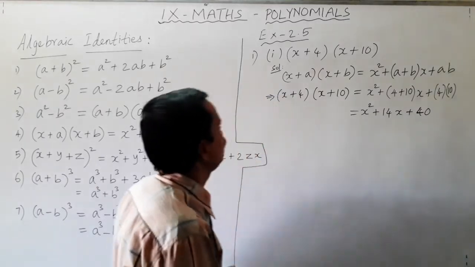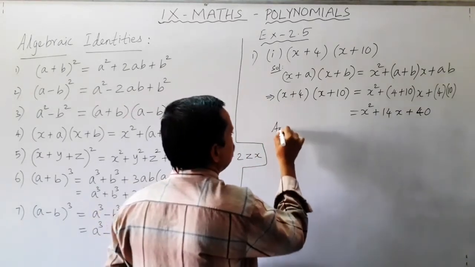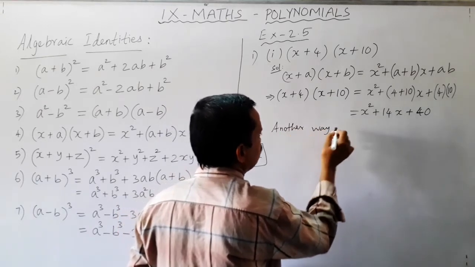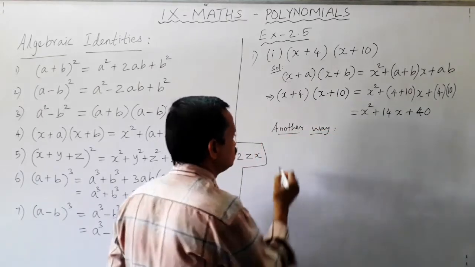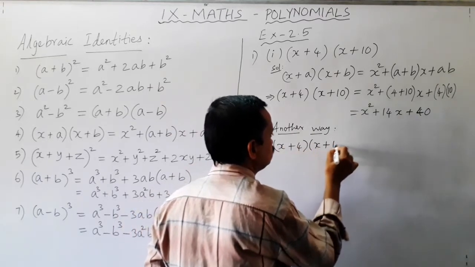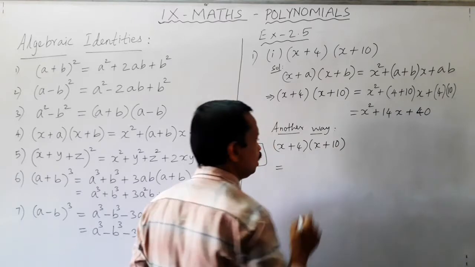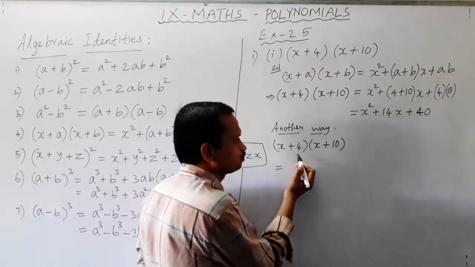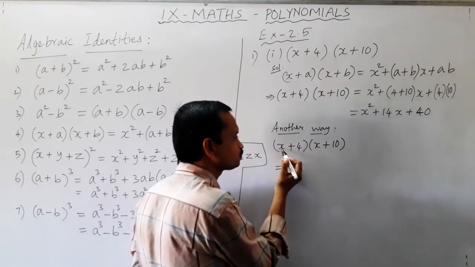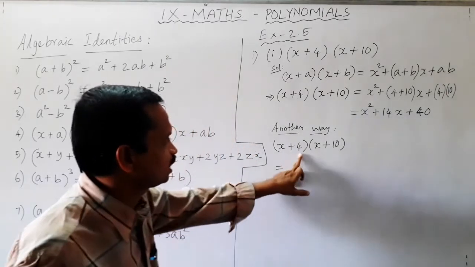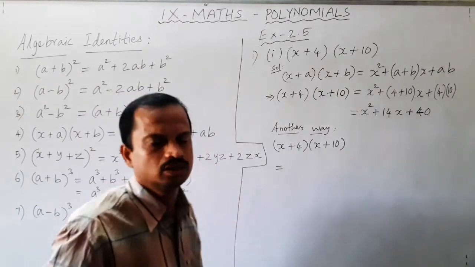You see now, another method, another way of doing. How to do this? x plus 4 into x plus 10. If you do usual multiplication, that means what? Here 2 terms, here 2 terms. So first you take x and multiply with these 2, and then you take the second term and multiply with these 2. You get the same thing. Okay.